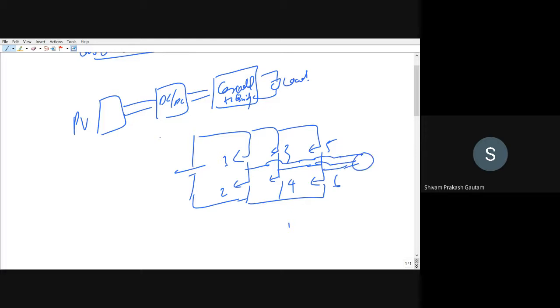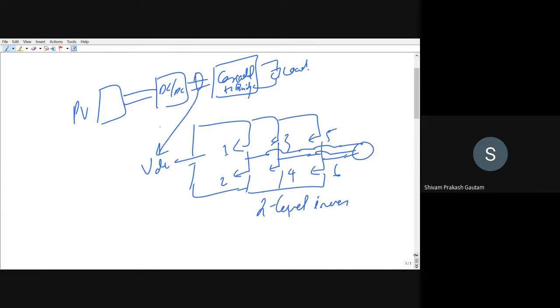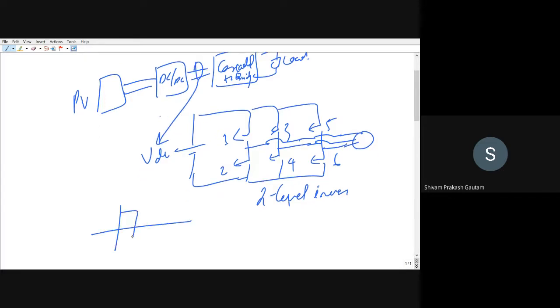It is a 2-level inverter where we are having a VDC, which is this voltage, and the output you were getting is only in 2 levels, that is either positive or negative, right? This can be VDC, this can be minus VDC.